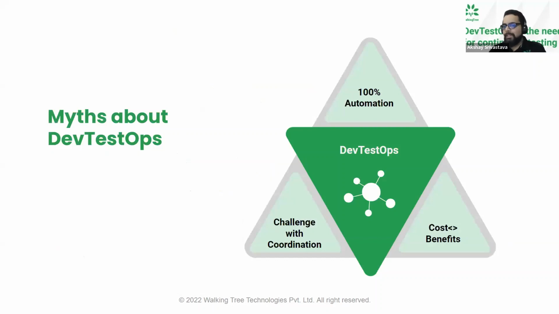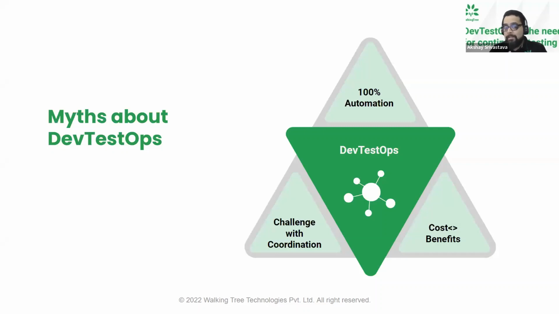All right. So coming to the misconceptions that are most widespread, leading to the reasons why a lot of organizations are actually refraining from adopting DevTestOps as a practice. The first one that I've seen most in my experience is the notion that the implementation of continuous testing means 100% automation, which is very, very rarely a fact.